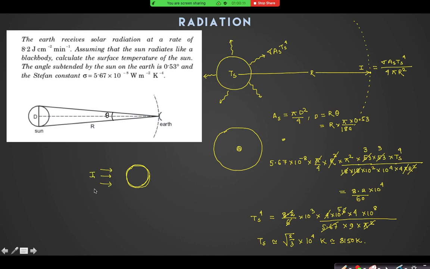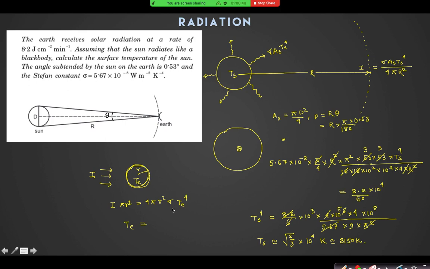Yes, sir. So what is the power the Earth will receive? 8.2 I into pi r square, if the radius of Earth is smaller, I have assumed. And that can be equated to, if the temperature of Earth is Te, 4 pi r square into sigma into Te power 4? Yes, sir. Right?